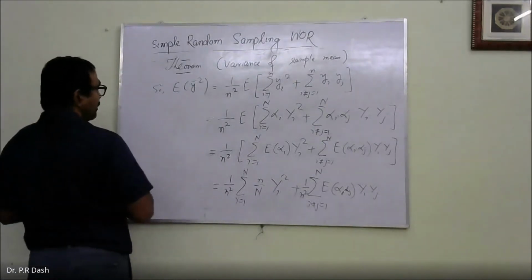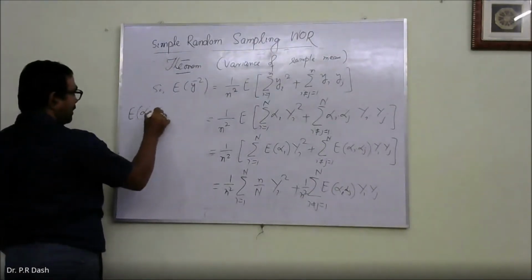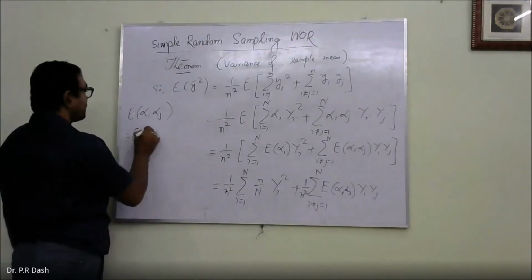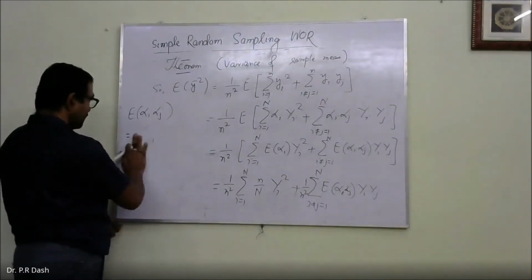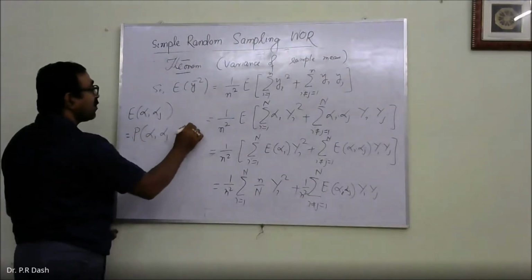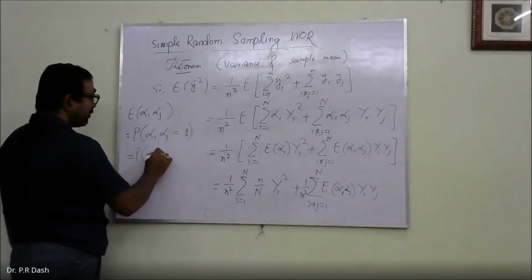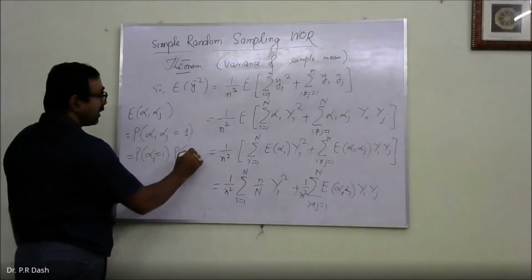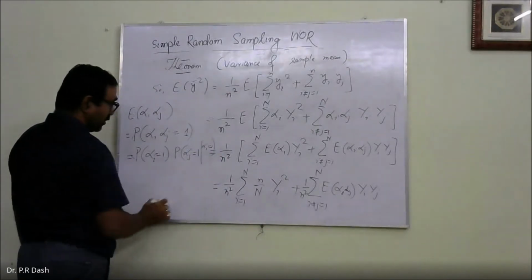So we find the expectation of alpha i alpha j, that will be equal to the probability that alpha i alpha j is equal to 1. So this will be equal to probability alpha i equal to 1 into probability alpha j equal to 1 given alpha i equal to 1.